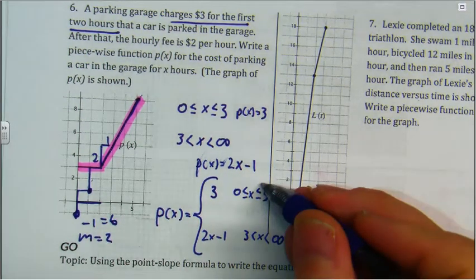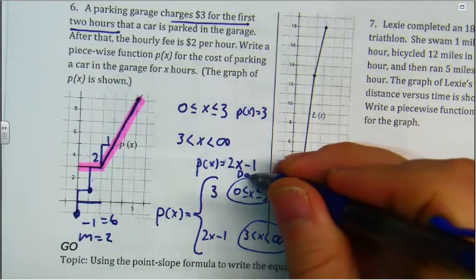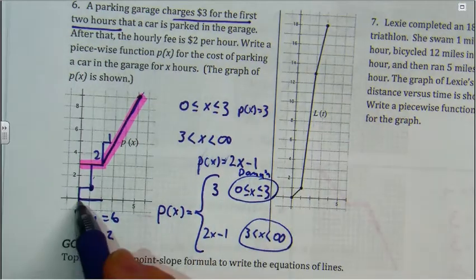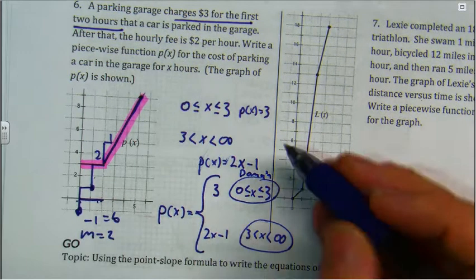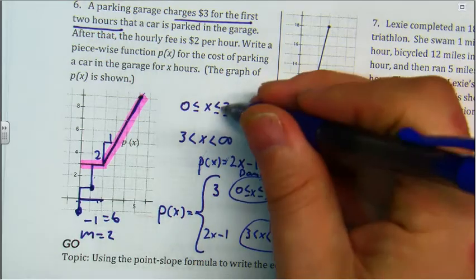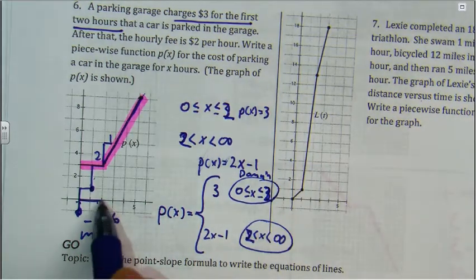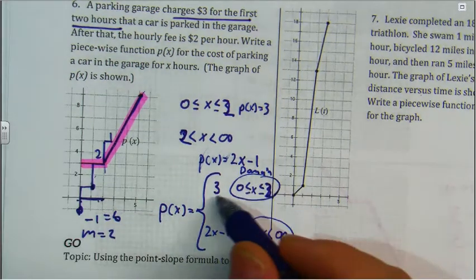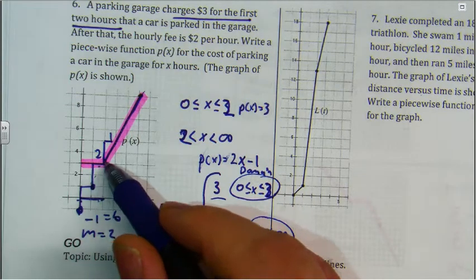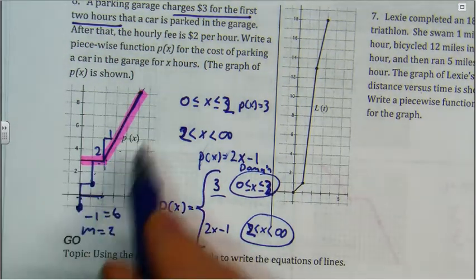So this is our limit on our domain. And when our domain is between 0 and 3, I'm sorry, 0 and 2, why did I write 3? 0 and 2, let's get this right. 0 and 2 hours, we know that we're only going to end up paying $3, but the minute we go over 2 hours, we suddenly have to pay an additional rate of 2x minus 1.